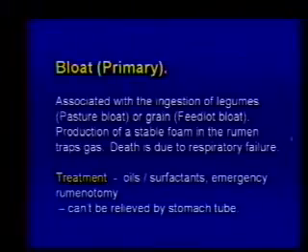If it is severe enough, we must do an emergency rumenotomy if the condition cannot be relieved by stomach tube. So, an animal that is bloated, you pass the stomach tube, try to relieve the gas.